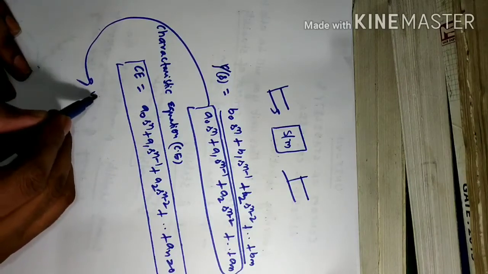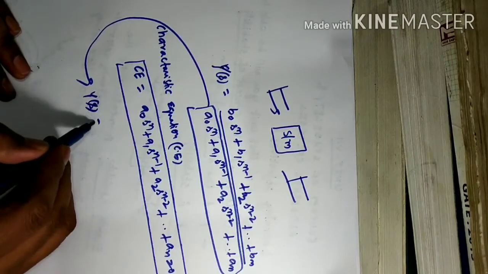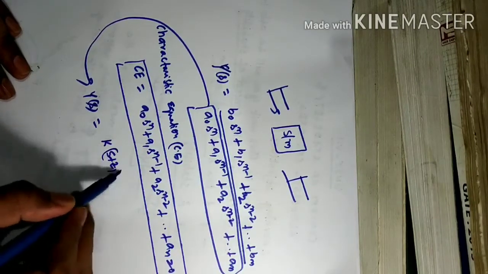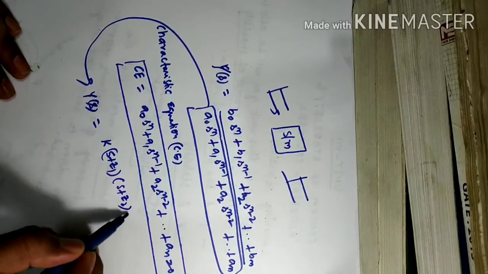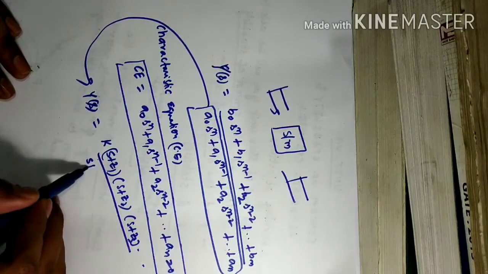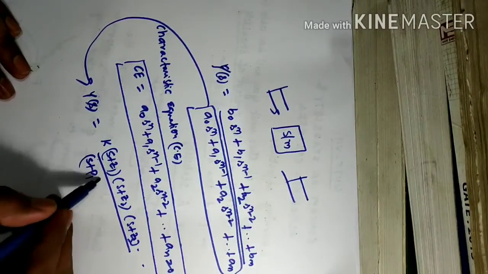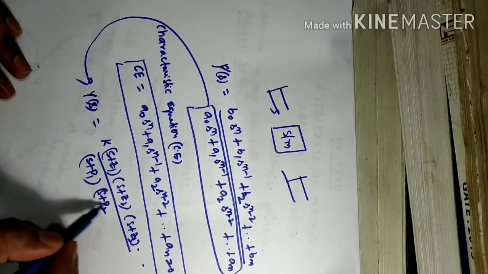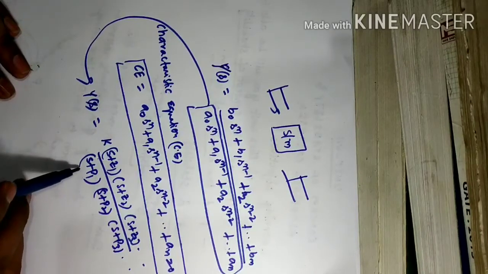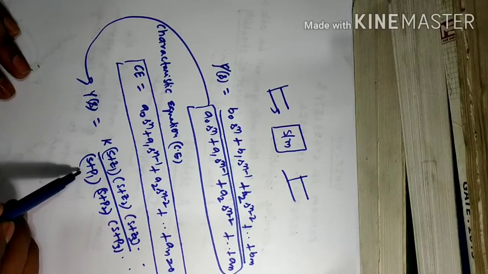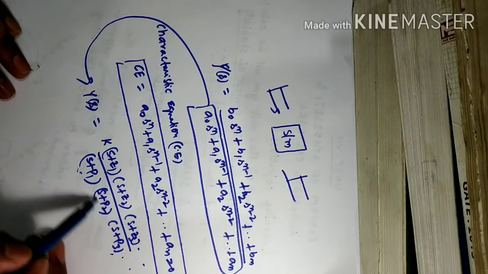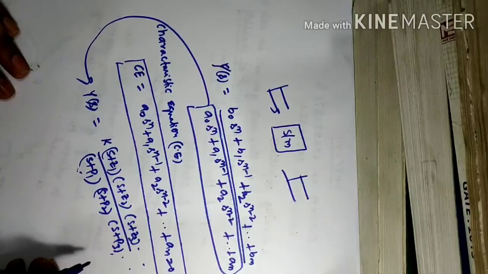When you convert this, Y of s is equal to K, the system gain, into s plus z1, s plus z2, s plus z3 and so on, divided by s plus p1, s plus p2, s plus p3 and so on. So this transfer function has poles, and the characteristic equation gives the poles of the transfer function.